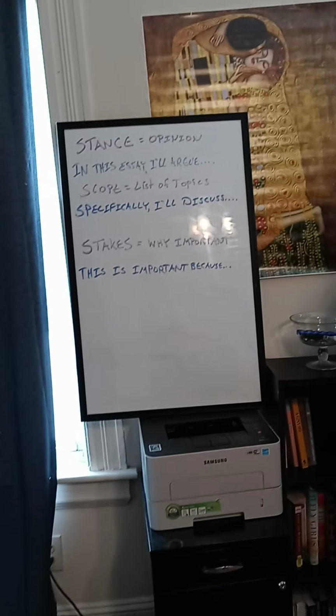Okay, so what I really wanted to concentrate on today is the rhetorical analysis or the analytical essay, whatever term you want to use for it. I tend to use those interchangeably. They're the same kind of essay.